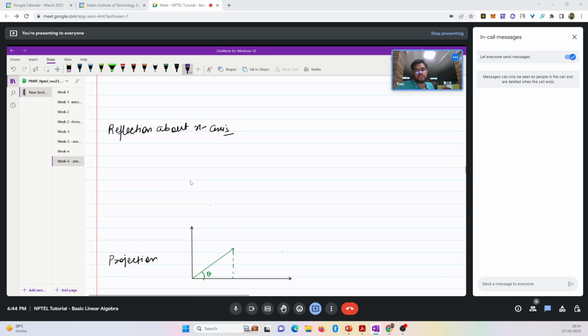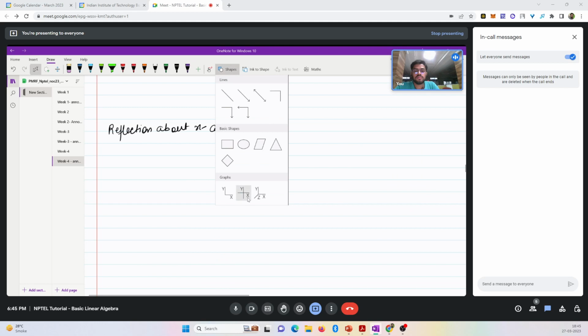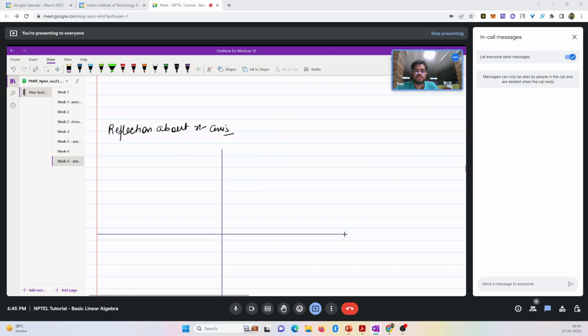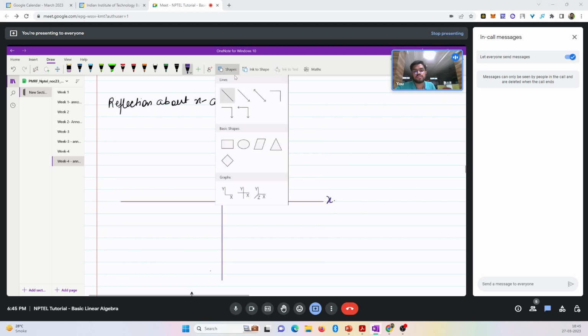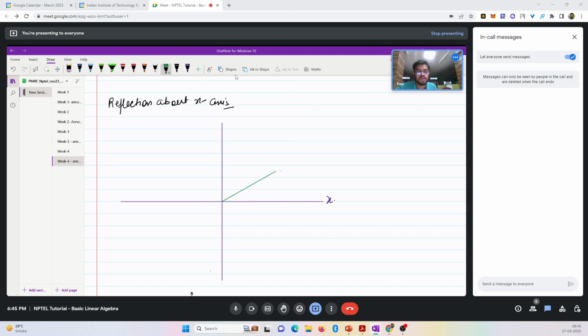Another example is reflection about x-axis. So let's say this is your x-axis, and you have some vector given by a1 comma a2. If you reflect it around the x-axis, let's say you obtain this thing.